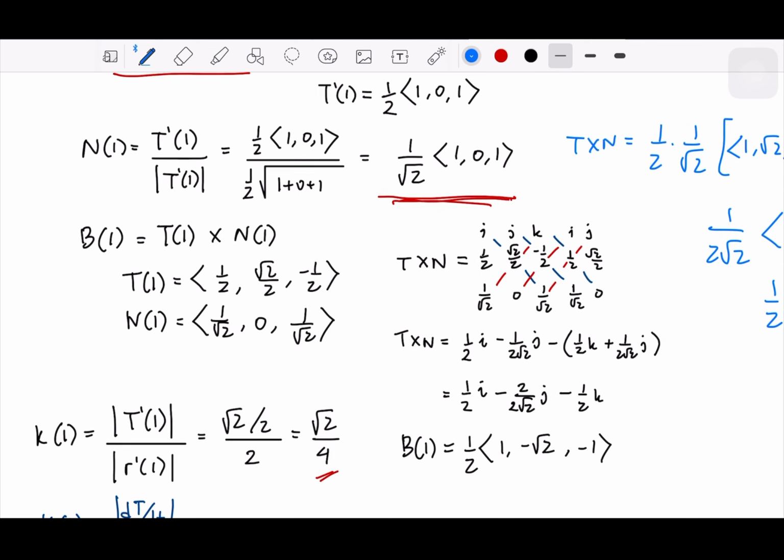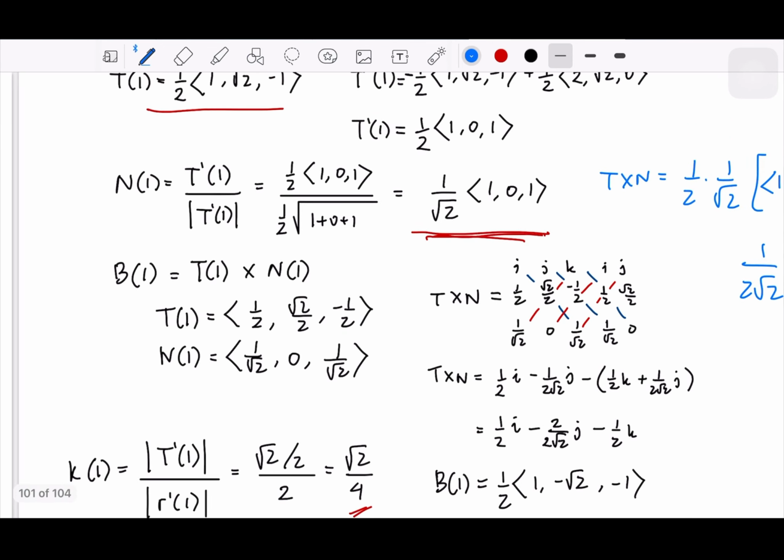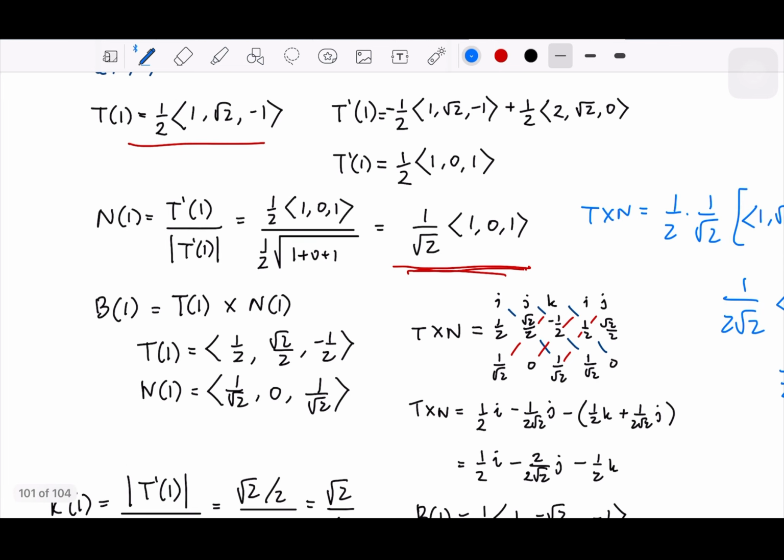Okay, so a lot of calculation here, but the key is, I think, as long as you get the correct answer for the unit tangent, when you find the normal and then binormal and the curvature, you will get all the correct results.